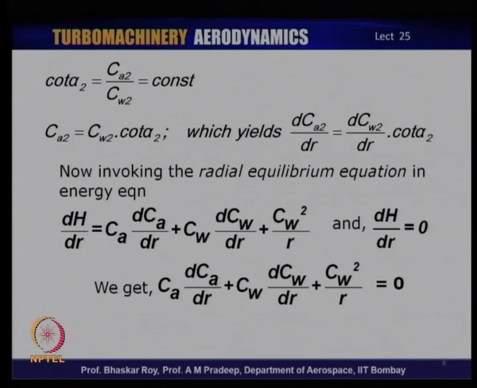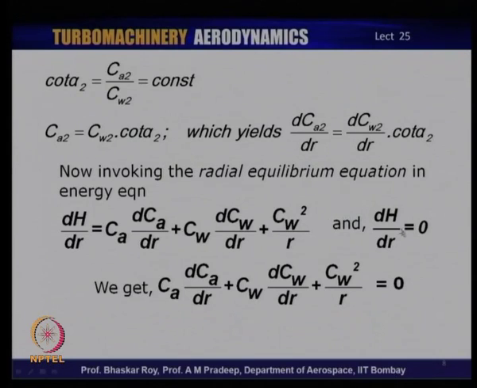And if we use this in the energy equation, if we import the energy equation that we had used in creating the radial equilibrium in case of compressors. If you remember, we invoke it here, or bring it back here again: dH/dr, that is the enthalpy variation in the radial direction, is C A into d C A dr plus C W into d C W dr plus C W square by r, and the last term of course comes from the radial equilibrium.